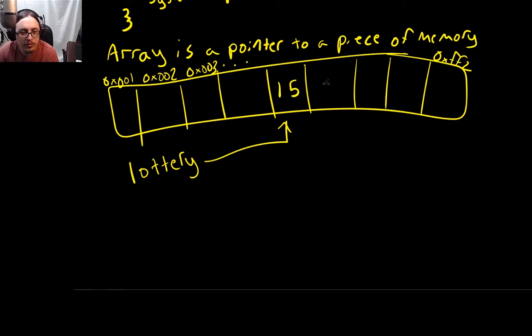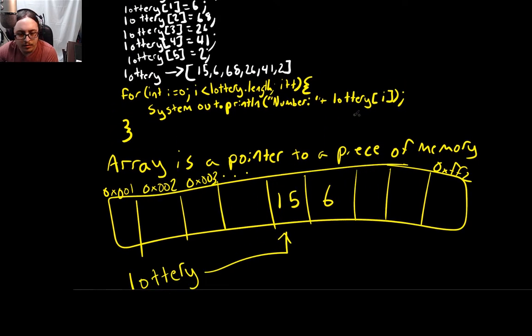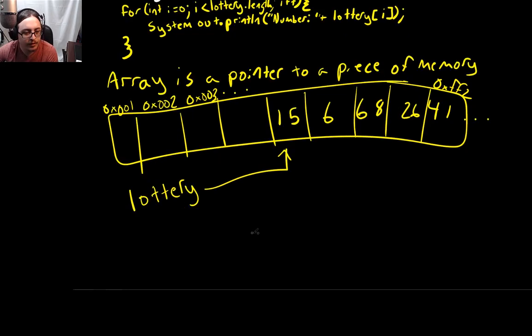And then our next position held the value 6, I think. What else do we have? 68, 26, 41. Right, so lottery is only pointing to the first piece of information.